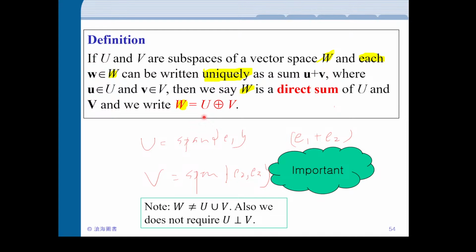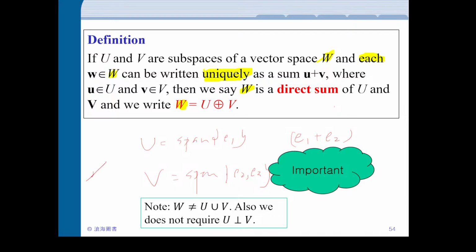And there are a lot of tricky points about this. U and V together become W, but that doesn't mean W is the union of U and V, when W is the direct sum of U and V. Here is the first counterexample. U is the span of e1, so just the x-axis, and V is the YZ plane.